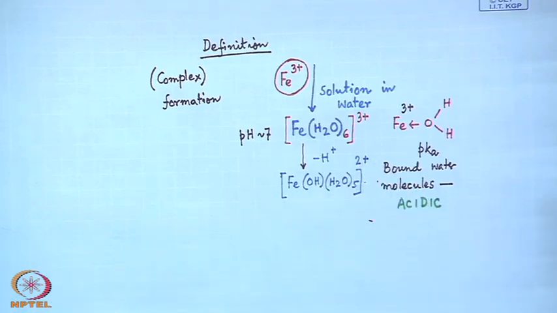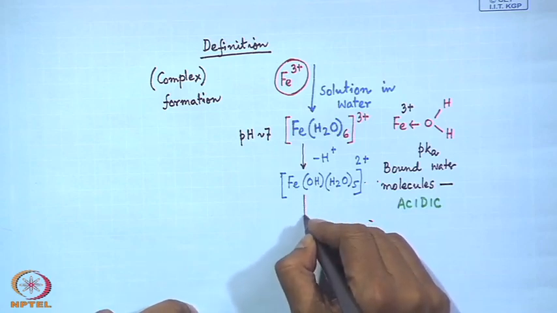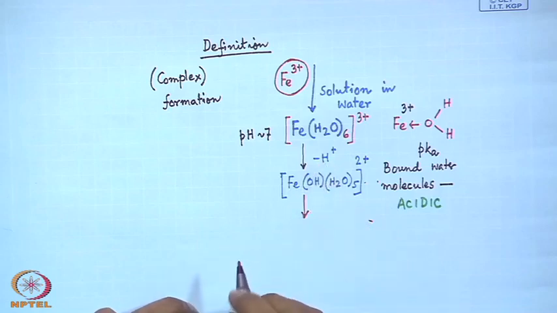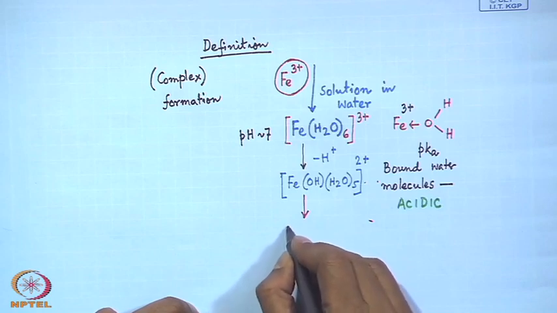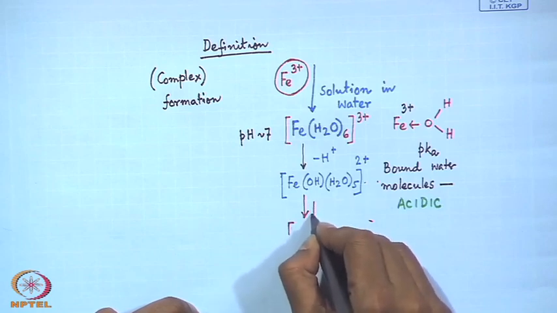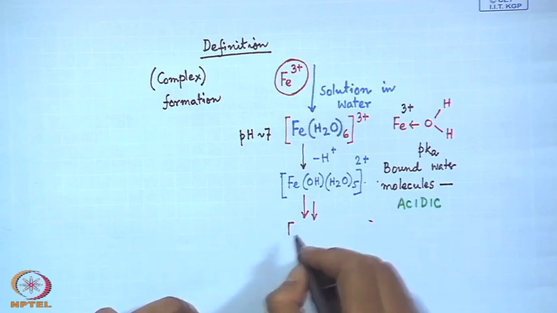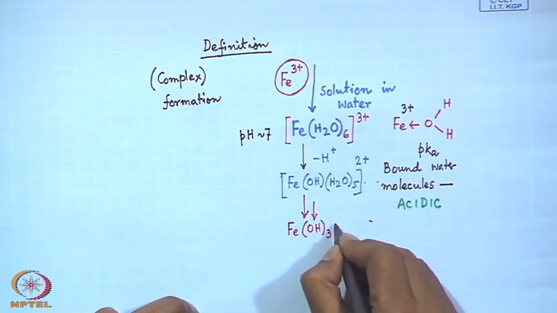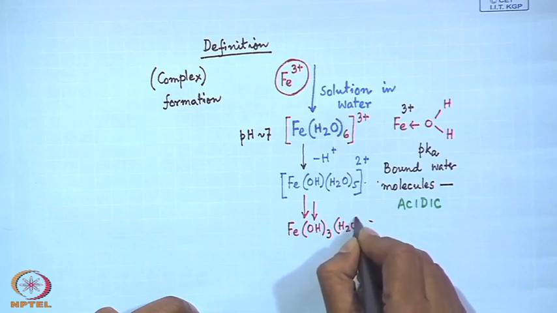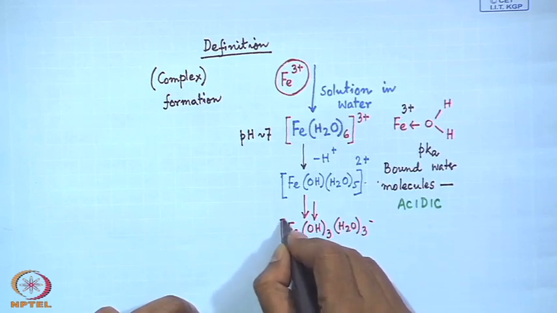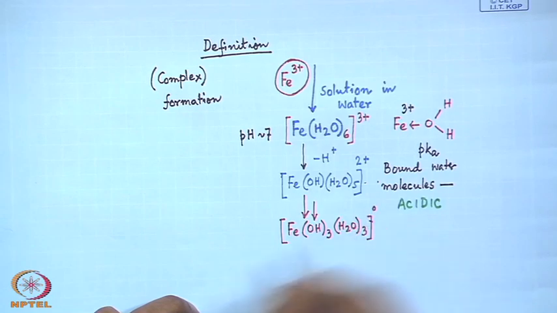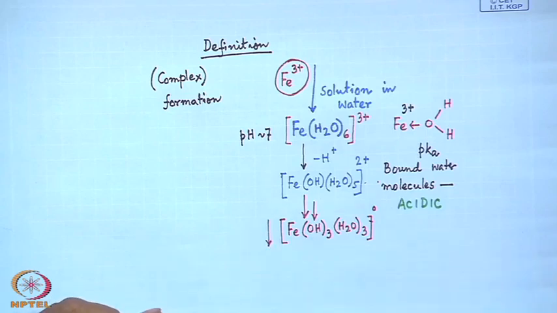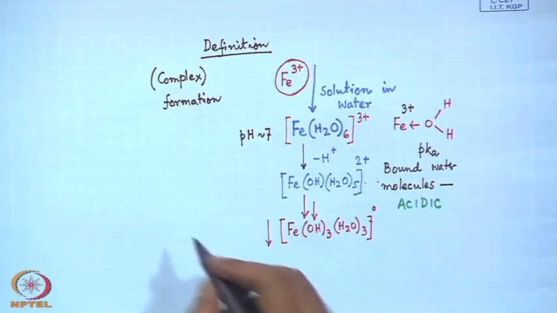If this situation continues for removal of more protons, at one stage, after 2 more steps of proton release, we have Fe(OH)3(H2O)3 as a neutral species, which we can consider as the precipitation of ferric hydroxide.